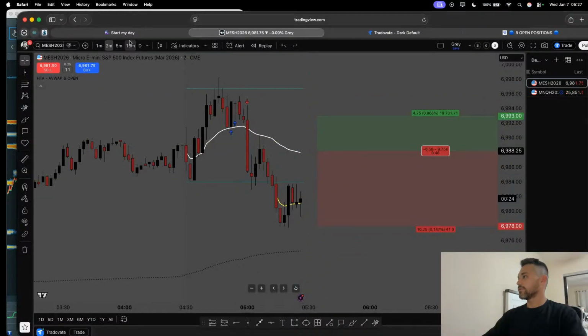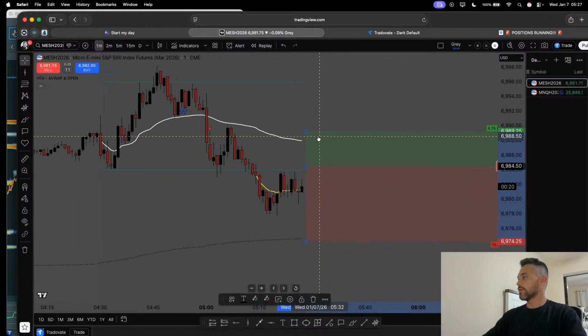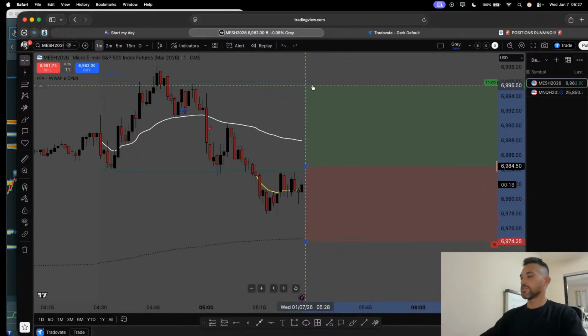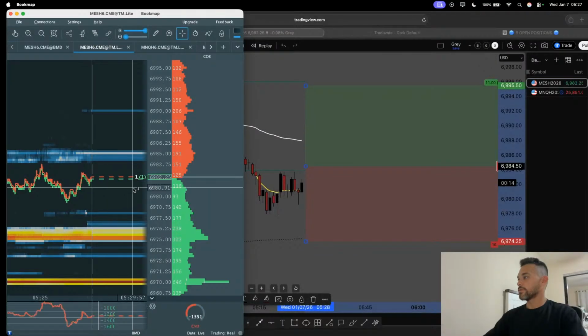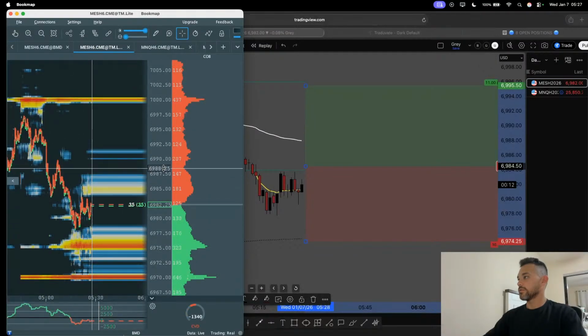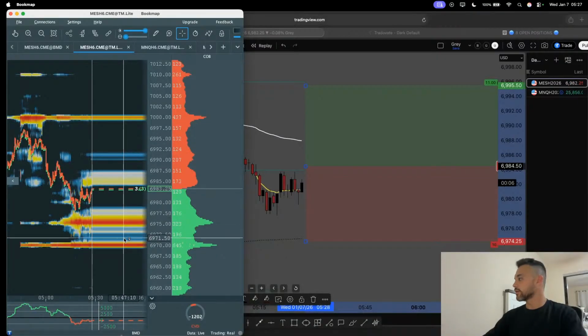Once this breaks back into the range, I'm going to look for longs on MES. This will be a back into range play. I think we still have that opportunity to do so. I mean, these orders aren't too heavy down here. I mean, they are red. Don't get me wrong.